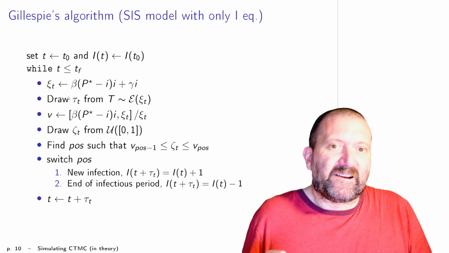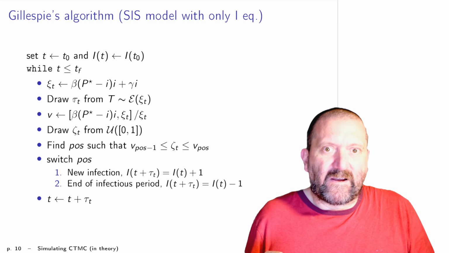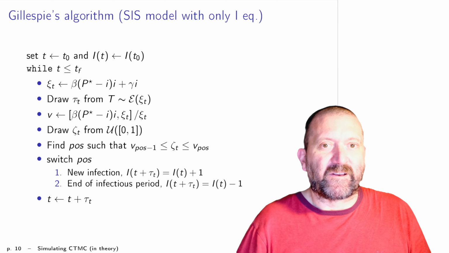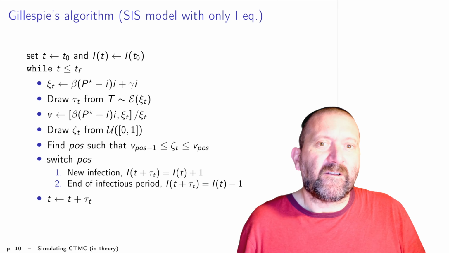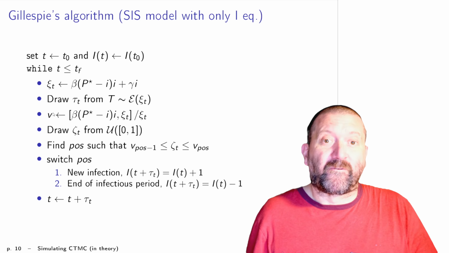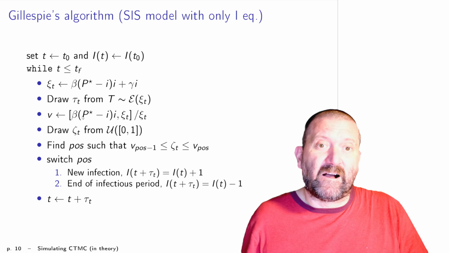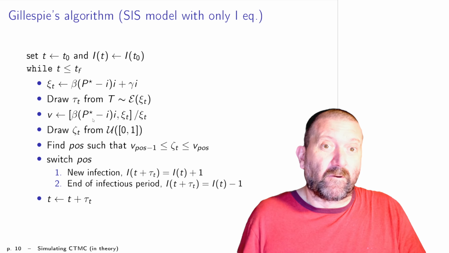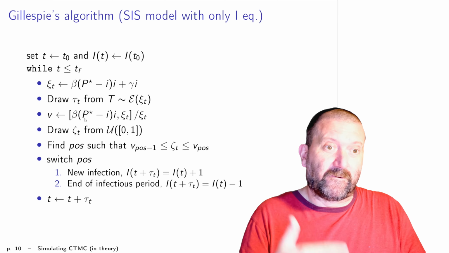From that psi, we derive a value tau t for the time at which the next event is going to take place. One way we can find which event is to make a vector. Here I've only got two events possible, infection or recovery.